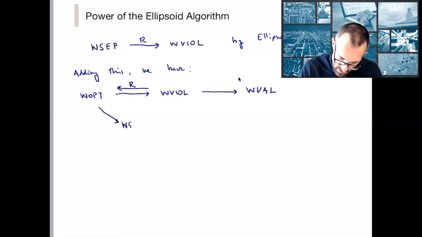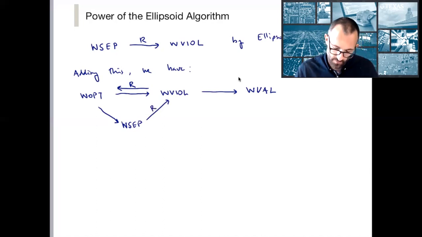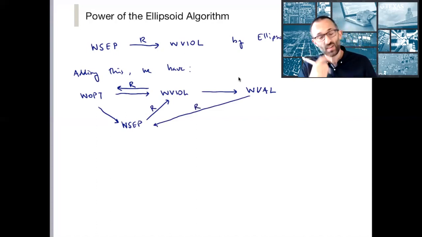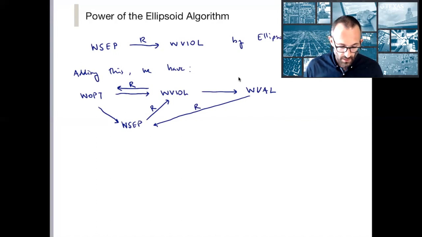Weak optimization gives us weak separation. What's written above here is that weak separation gives us weak violation, as long as we also have an R. We can show that weak validity, as long as we have an R, and I'll let you think about where this comes from, gives us the weak separation problem.